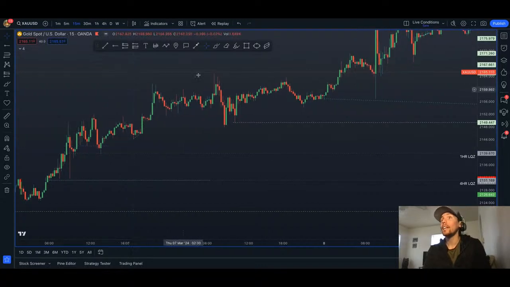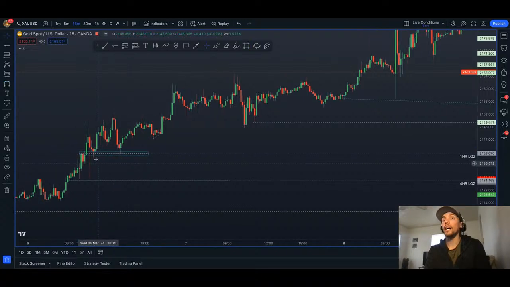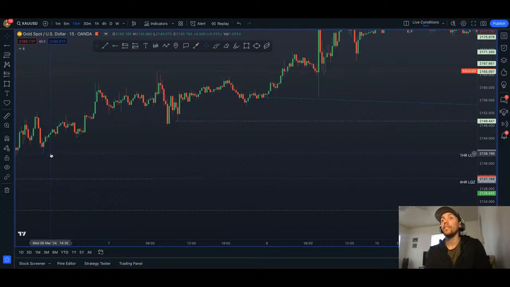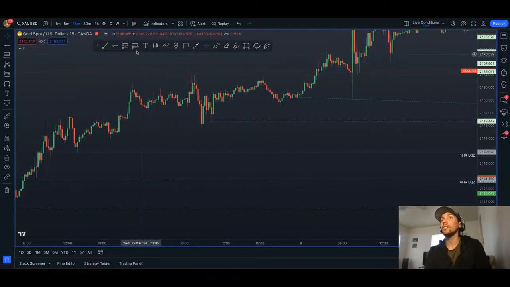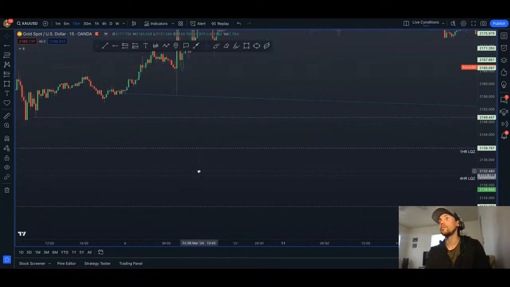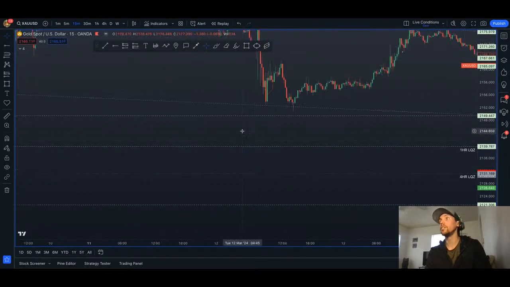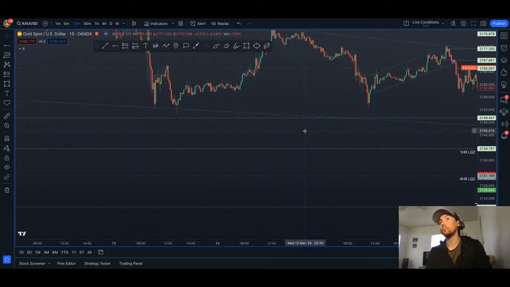So instead, I'm going to find this point right here. We got a push here, up, rejection, and I'm going to use this as a reference. You can see my horizontal ray right there. That's my new reference point, and I'm marking that as a 1 hour liquidity zone. That's a 1 hour low that I think can be taken out.